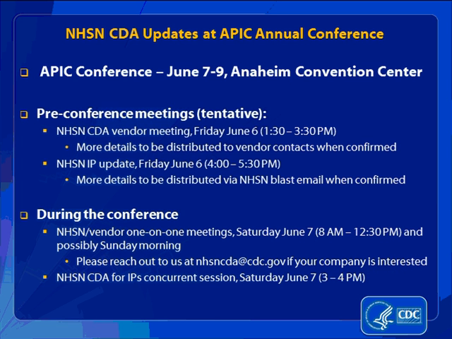During the conference, we're glad to meet up for one-on-one meetings. And again, we'd ask you to reach out to us to schedule that. Those will be Saturday morning from 8 to 12:30, and I think based on our experience last year, we'll stretch those into Sunday morning as well. We should have no problem getting a room for those. We'd ask you to contact us if you'd like to do that.